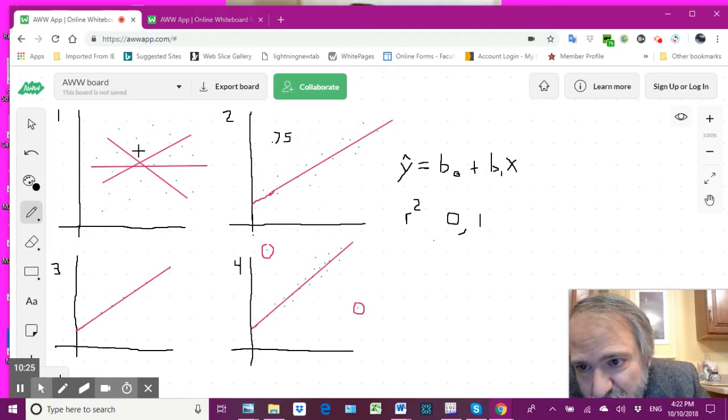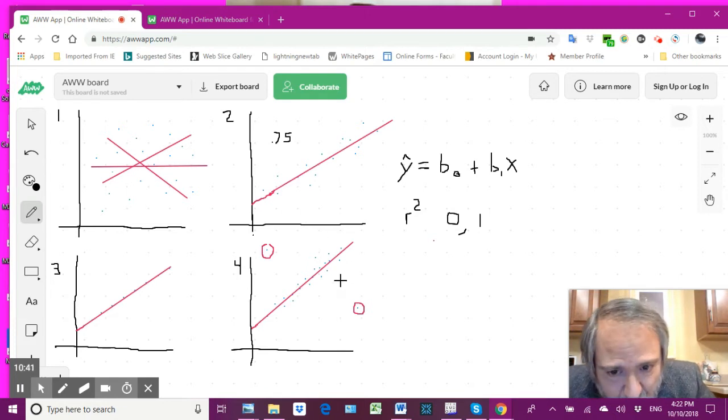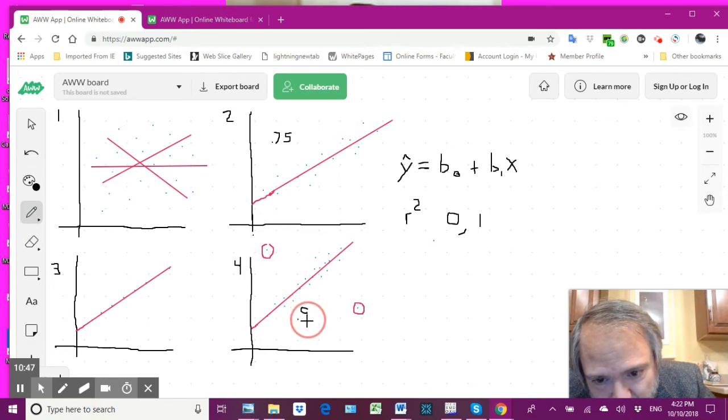This is probably like 0.02 or something like that, probably 0. And this would be 1. That's what I was trying to show. Because I got some little bumps here, probably 0.99998 or something like that. But you get the idea. This one here is a little tighter, so I might have an R square of something like, say, 0.9. This looks pretty good. Might be 0.94.